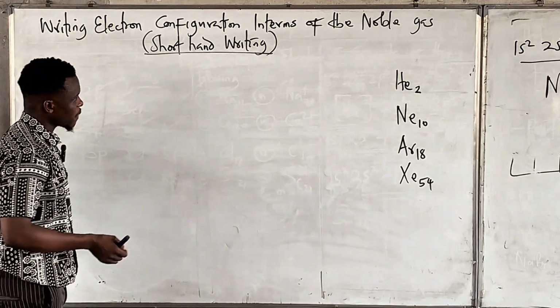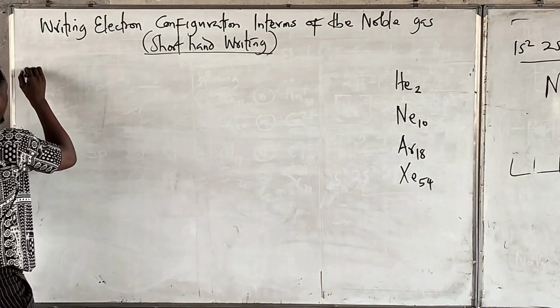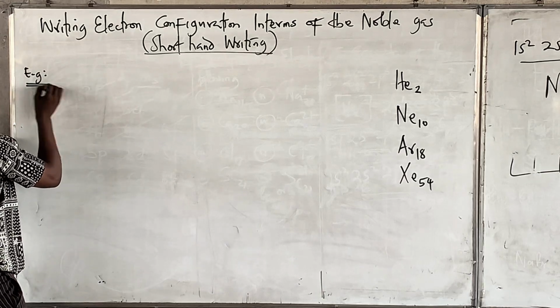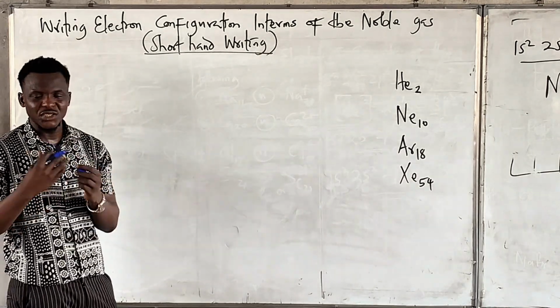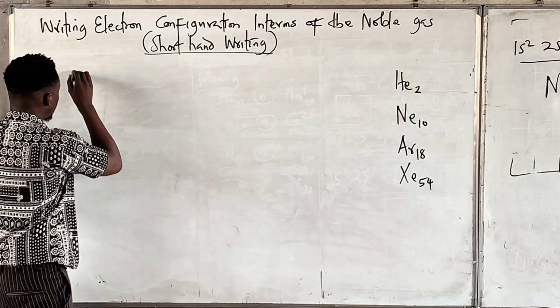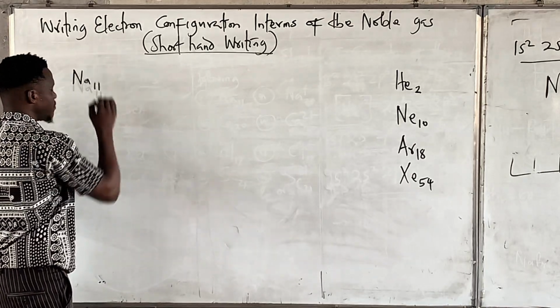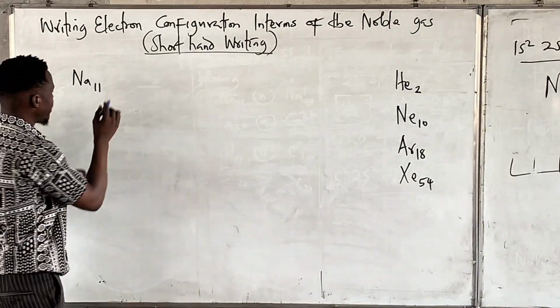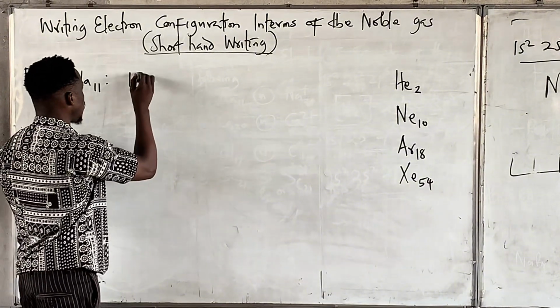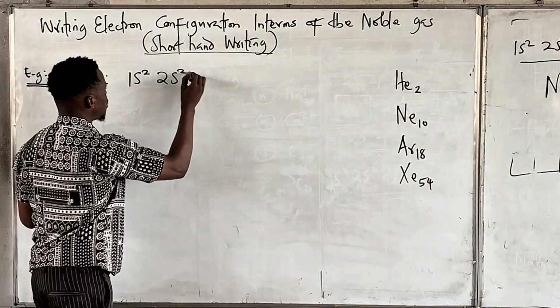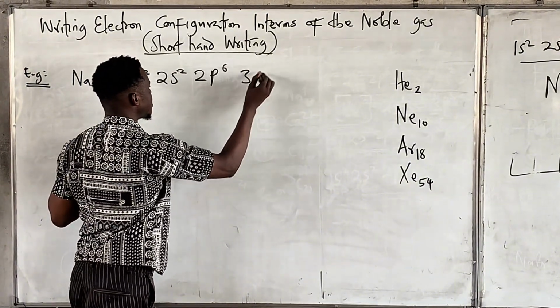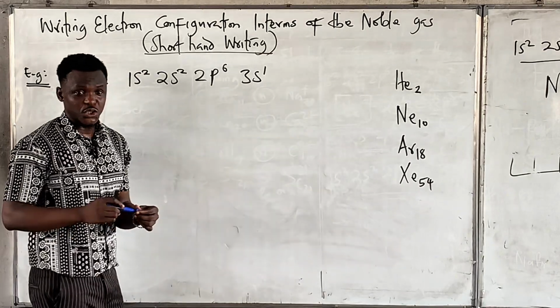Please look up. If I have, for example, I just want to use an illustration to explain this, because talking plenty is going to be taking our time. Sodium, for example, is 11. Electronic configuration of sodium normally is 1s2, 2s2, 2p6, 3s what? 1. Is it not so?